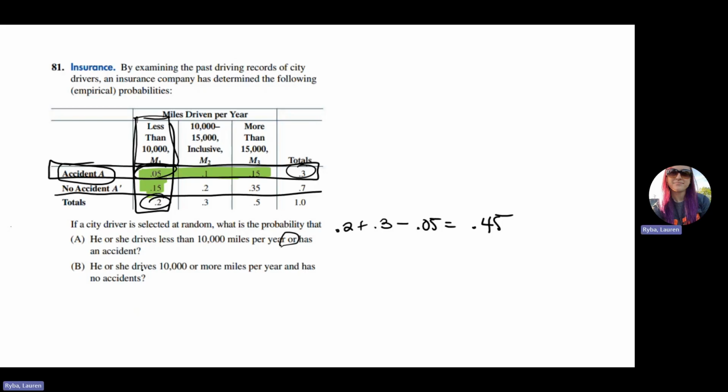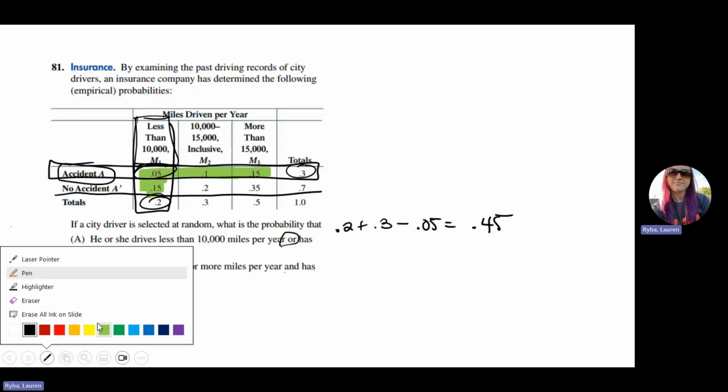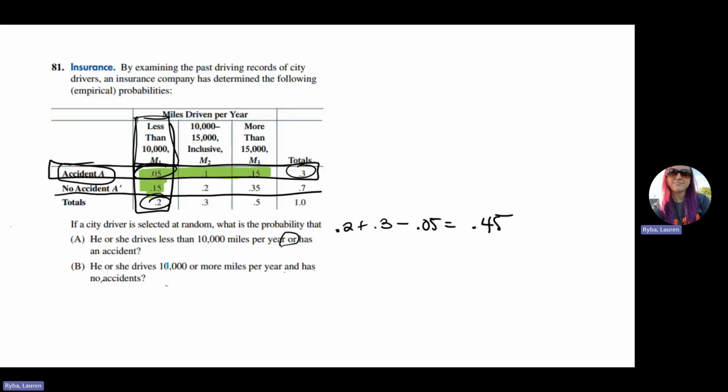Next one says, he or she drives 10,000 or more miles per year and has no accidents. So they have to satisfy both of these pieces. It has to be 10,000 or more and not have an accident. Well, I look at this, and no accidents.